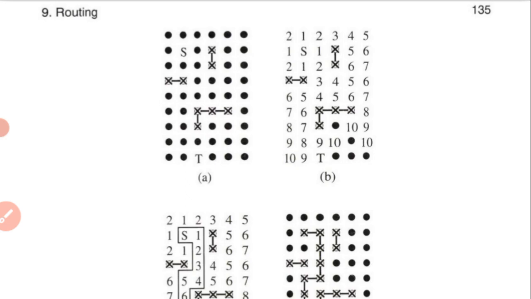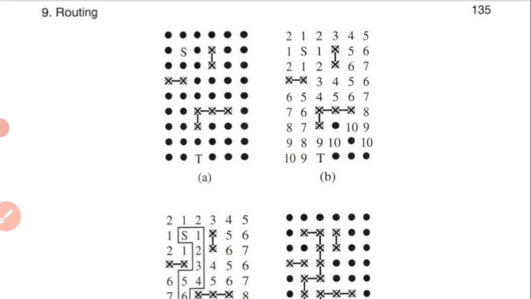From S to T, it will check all the possible connections, going around the obstacles also, and then check which one is the shortest. After it finds the shortest possible connection, it wires the segments.